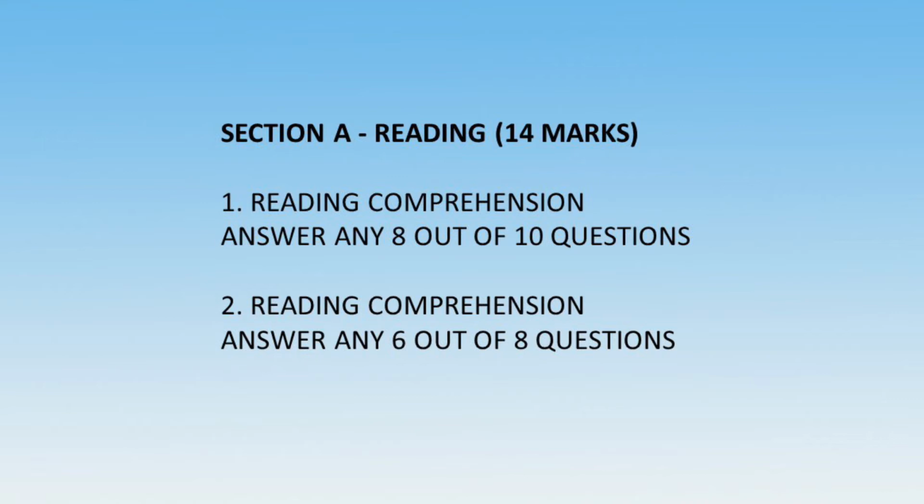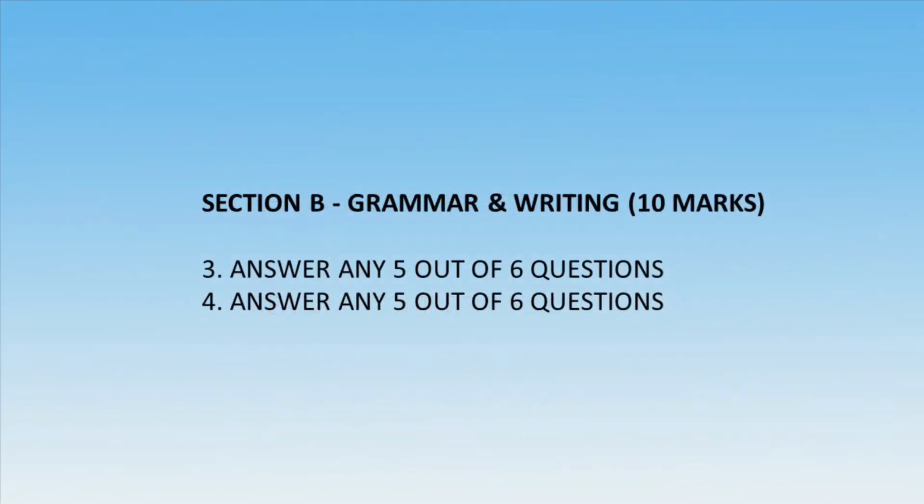So now let's look at the next section, that is section B, which is grammar and writing. So for grammar you might have already seen MCQs, because last year also you would have written a lot of papers with such questions. So from grammar you will have 6 questions and out of that you need to answer any 5. Similarly in writing also you will have 6 questions and you will have to answer any 5.